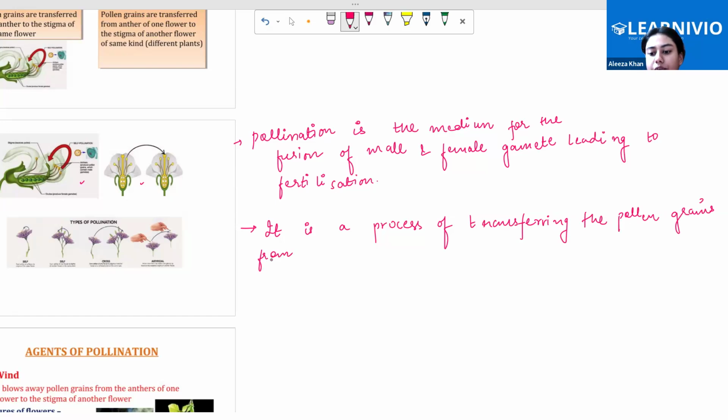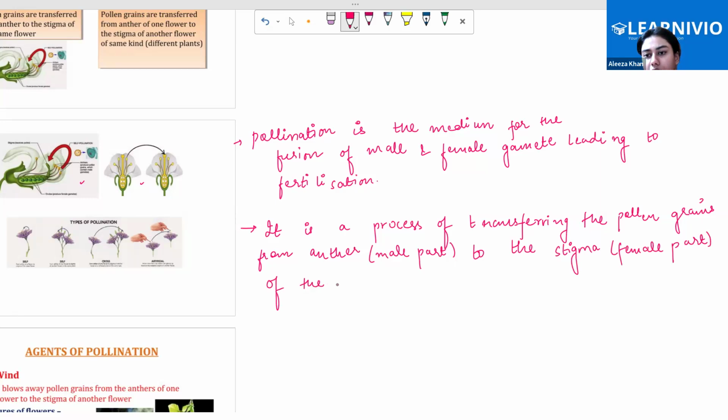From the anther, which is the male part, to the stigma of the pistil, which is the female part, of the flower.